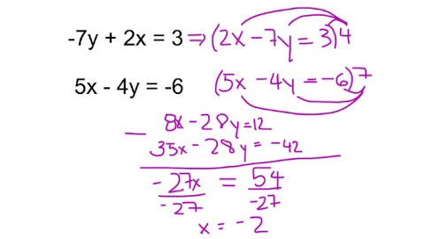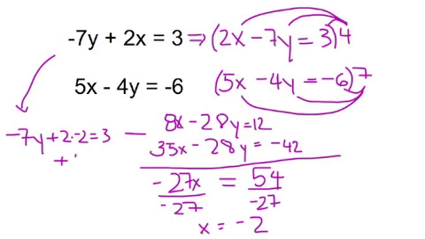Please don't stop yet because you do need to go back and find the y coordinate of the intersection point. So I'm going to use the first equation: negative 7y plus 2 times negative 2 equals 3. So I'm going to solve for y.